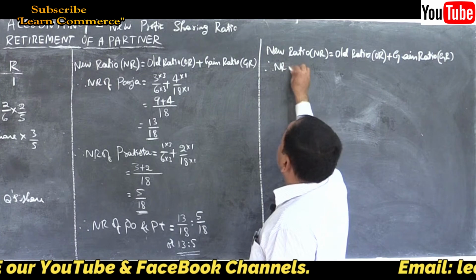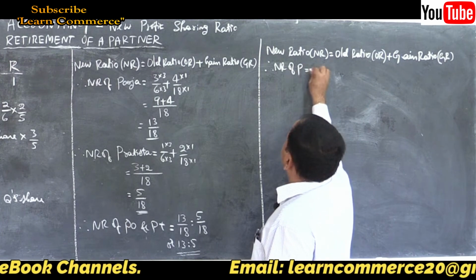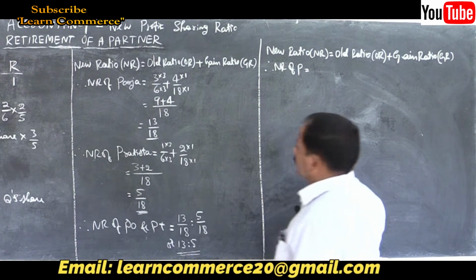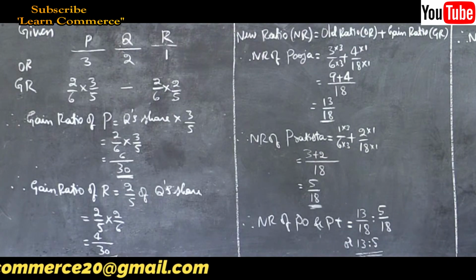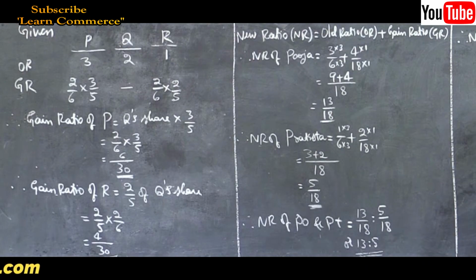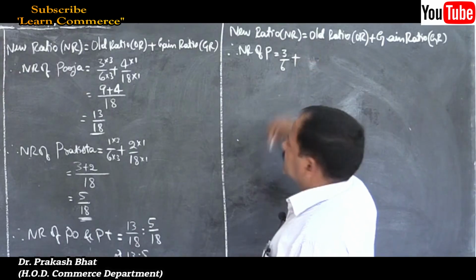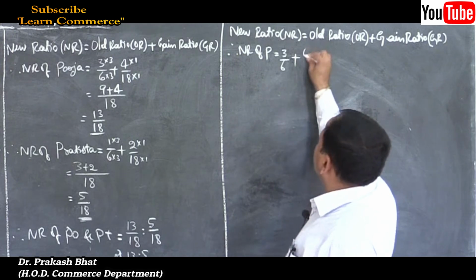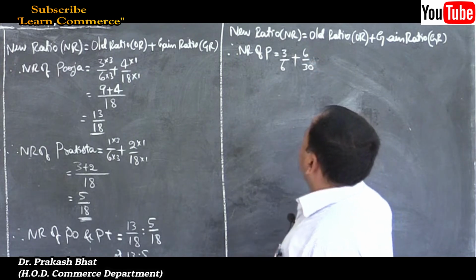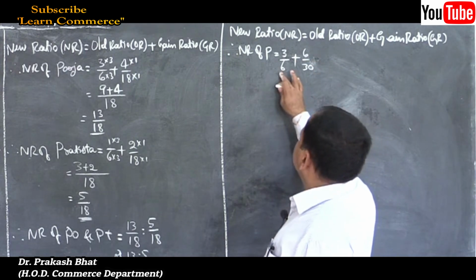Therefore, new ratio of P is equal to how much? His old ratio was 3/6 plus gain ratio 6/30. Take common denominator here, 6 and 30.